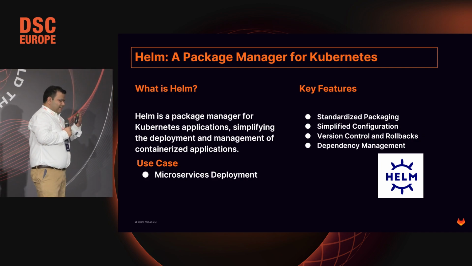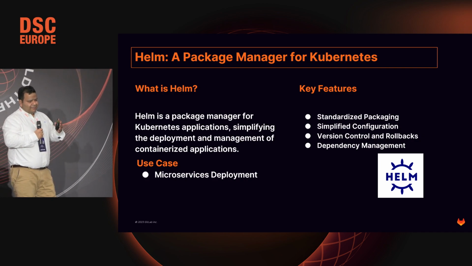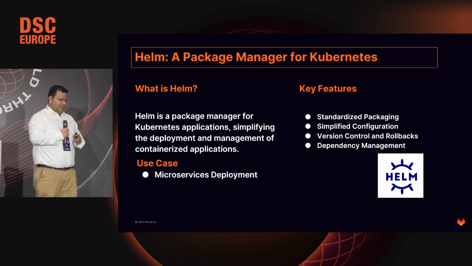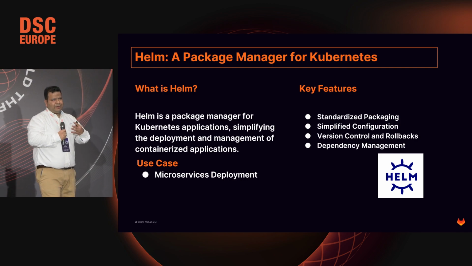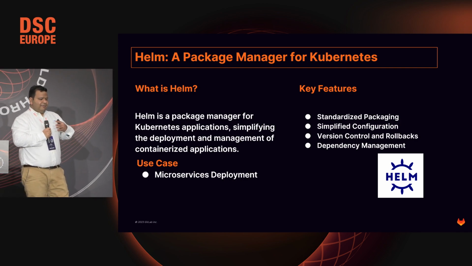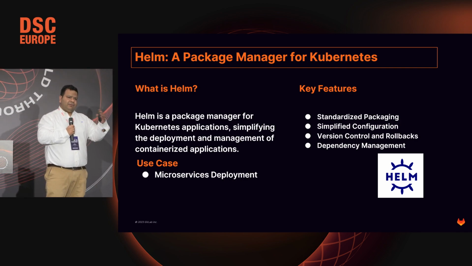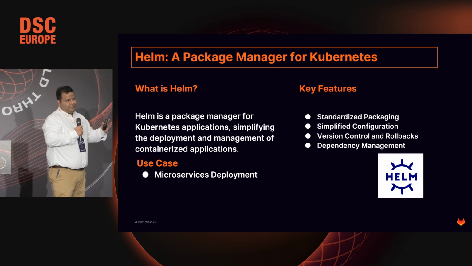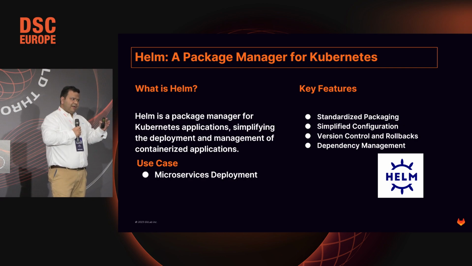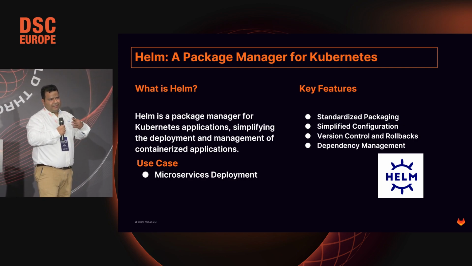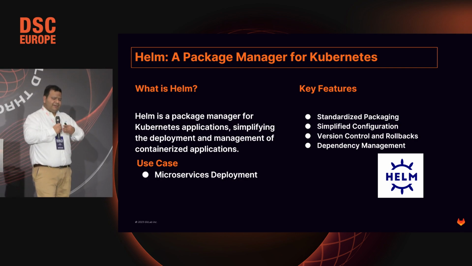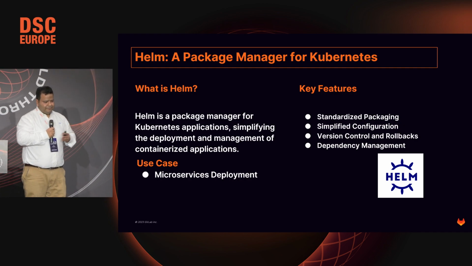It simplifies the deployment and management of containerized applications. Helm gives us consistent deployment across all the environments. If we have 5 GKE clusters, one for test, one for dev, we can use the same package everywhere, so we keep our environments in sync, and nothing is different in test or in prod.